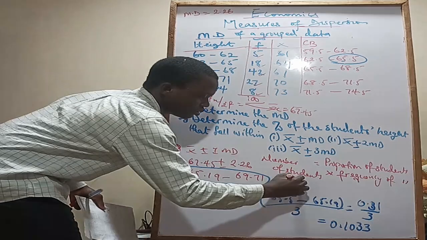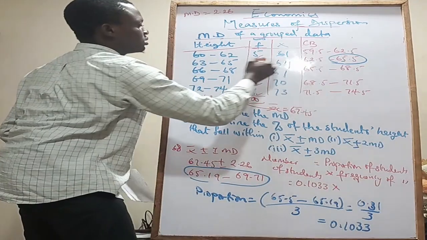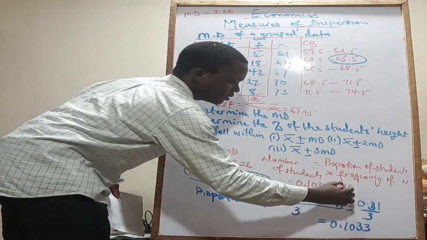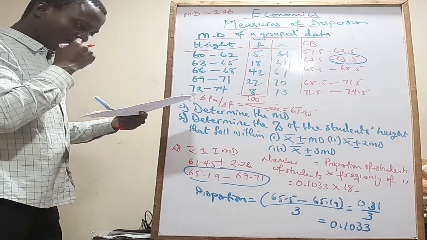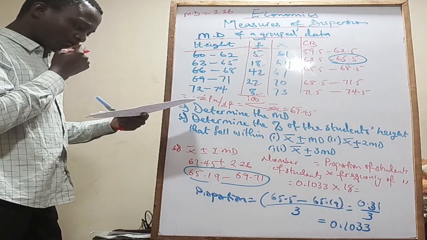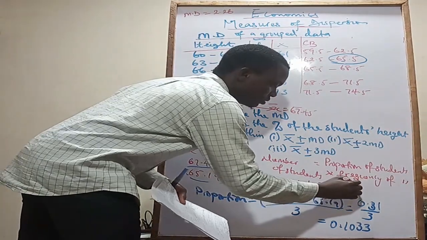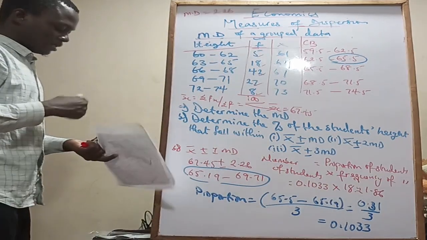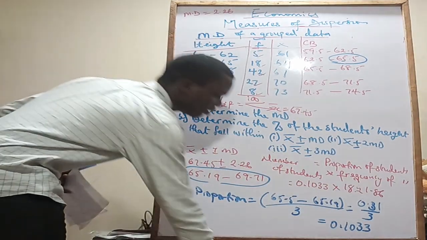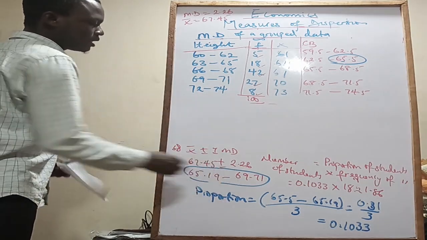So this is going to be 0.1033 multiplied by the frequency, which is 18, and that gives us approximately 1.86. Yeah, that's that. I think you can just erase the question. We're done with this part, but we are going to 69.71.